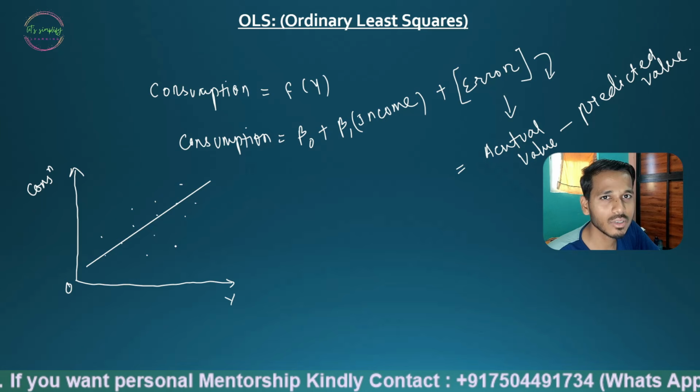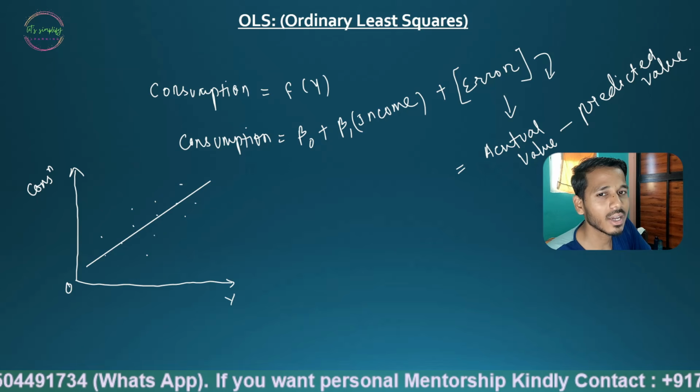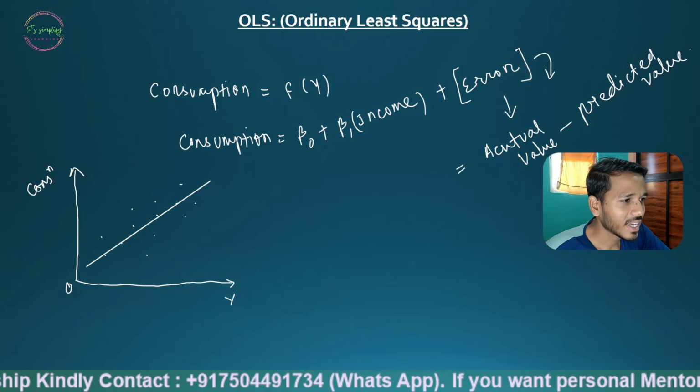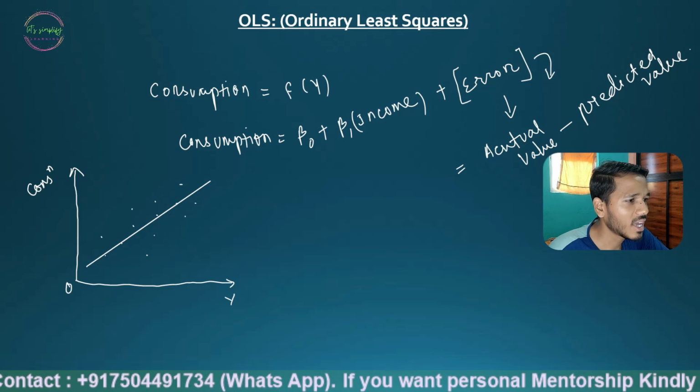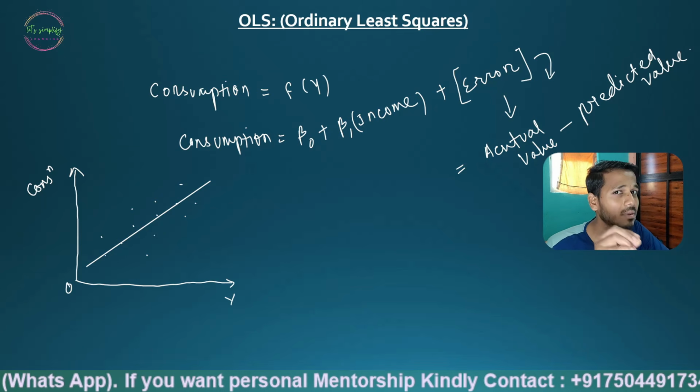You have to minimize those errors. How to minimize those errors? You have to sum all those errors in their squared terms. OLS says choose the line such that the sum of squared errors is minimum. Remember that.